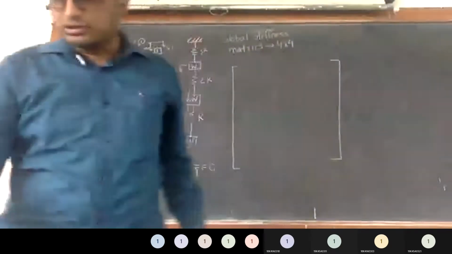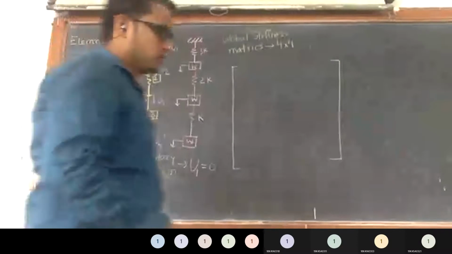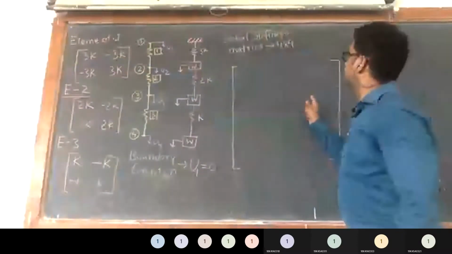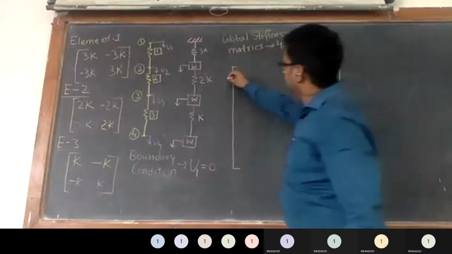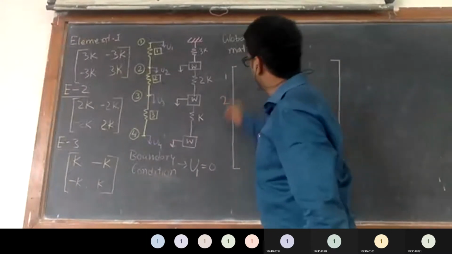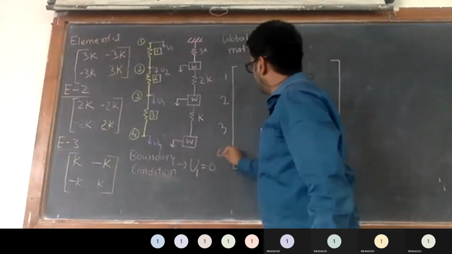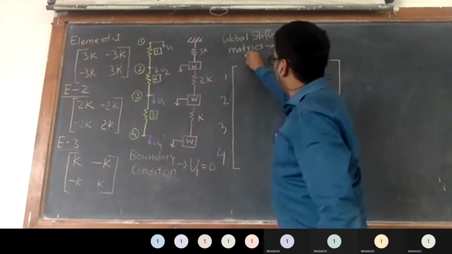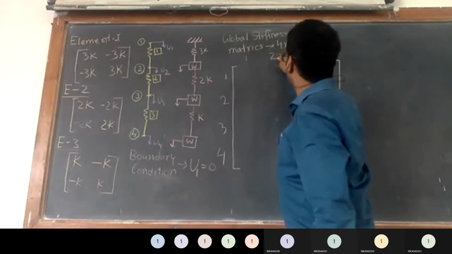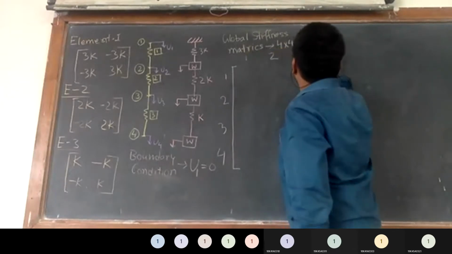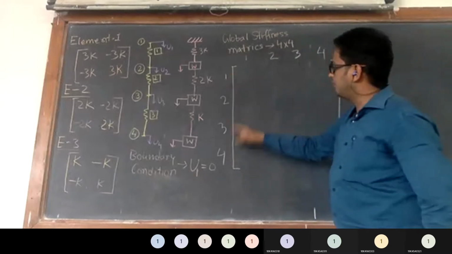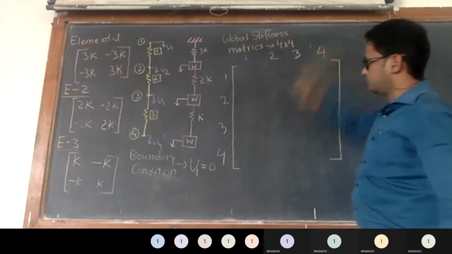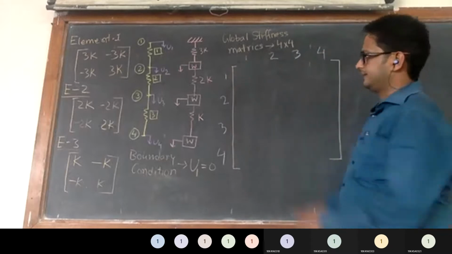And we also know that the order of this matrix will be 4 cross 4. So let us write 1, 2, 3, 4, and above also you write 1, 2, 3, 4. Now we will assemble it.